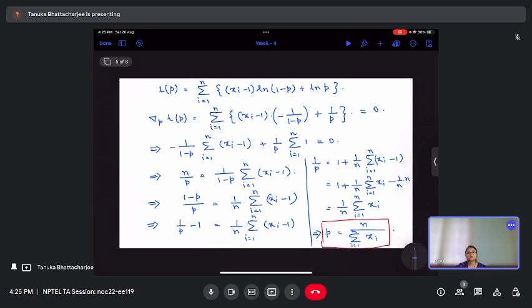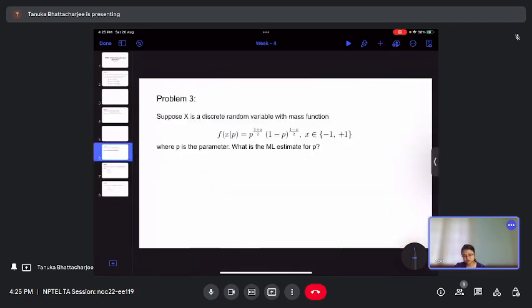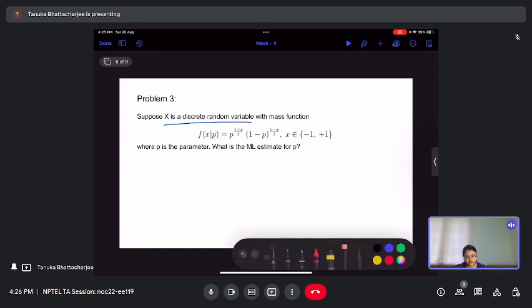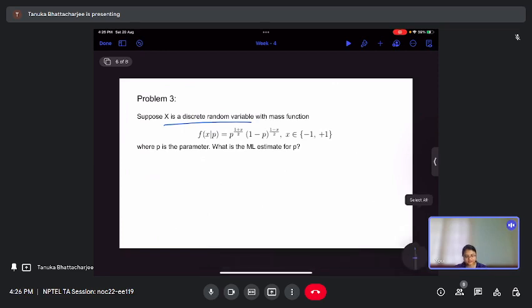Okay. Let us see one more problem on this particular topic, the maximum likelihood estimation. Here also we are taking x as a discrete random variable, and the mass function is given by this particular expression, and here you can see that x can take values only -1 and +1, nothing else.